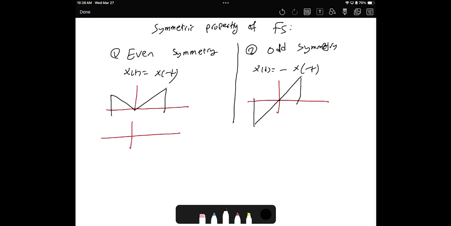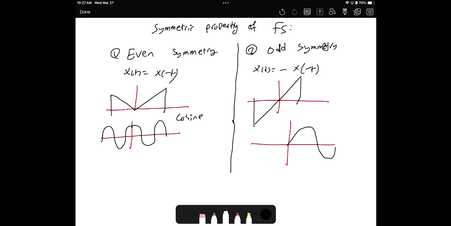Is cosine even or odd? Even, correct. So here's the cosine, which is even. How about the sine? Odd. So basically, again, when you see x of t equal to negative x of negative t, then this is odd. Otherwise we assume this is even.